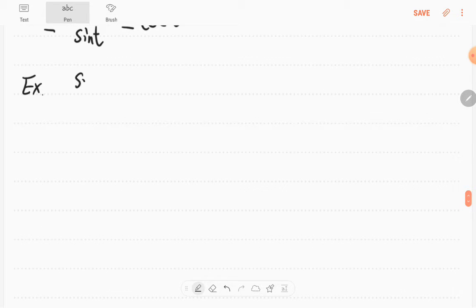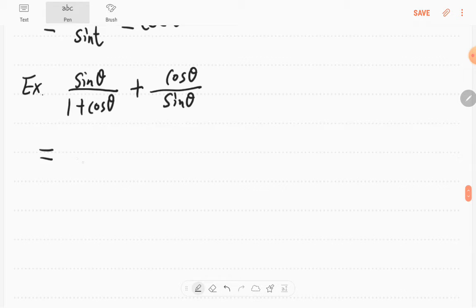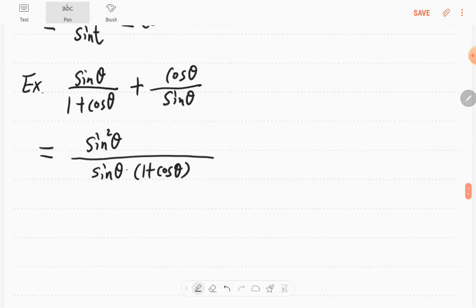Another example, sine theta over 1 plus cosine theta plus cosine theta over sine theta. Okay, so the idea is we just combine the fractions. So we have the common denominator sine theta times 1 plus cosine theta. So this term becomes sine theta times sine theta, so sine squared plus cosine theta times 1 plus cosine theta, right? We expand it.